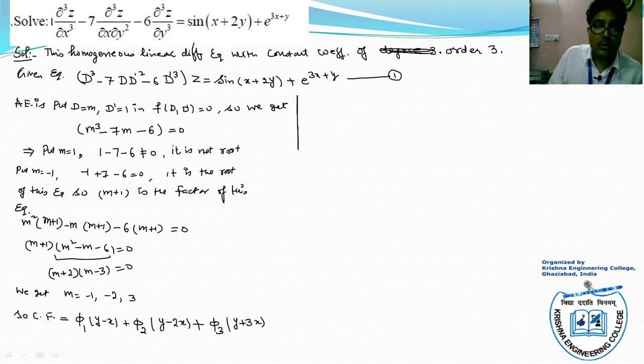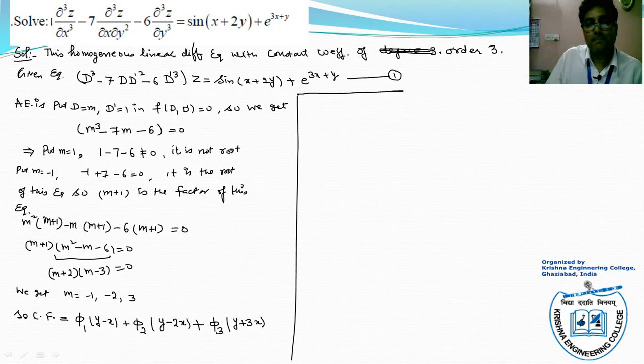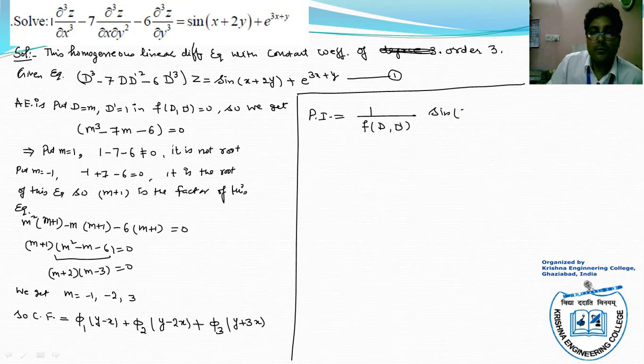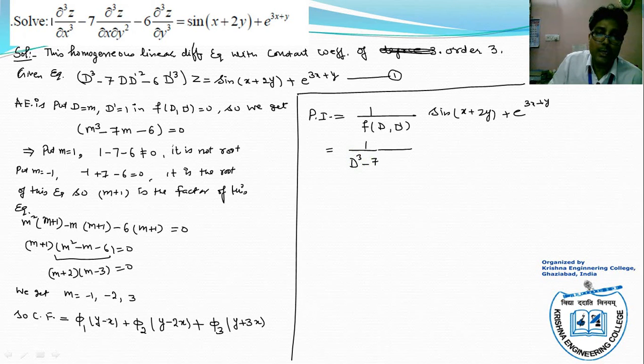Now find the particular integral. PI is 1 upon f(D, D dash). This is the formula for PI. Of sin(x plus 2y) plus e to the power 3x plus y, right? 1 upon f(D, D dash), f(D, D dash) is D cube minus 7D D dash square minus 6 D dash cube.